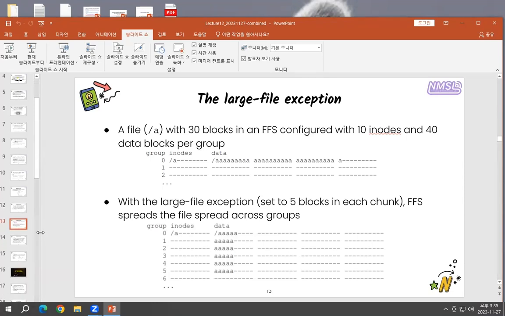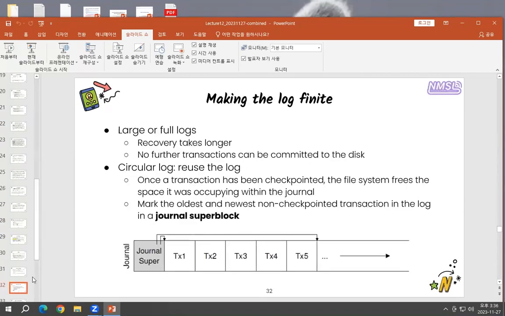32. Okay, so I think going into the implementation, if only TX2 is checkpointed, then how do we point to these, right?